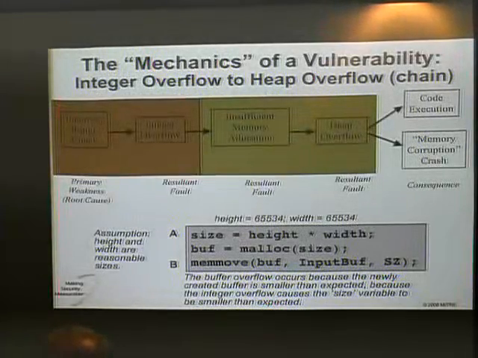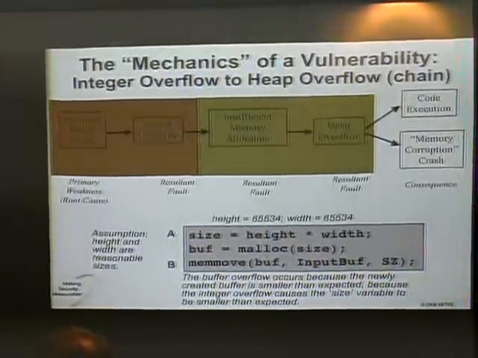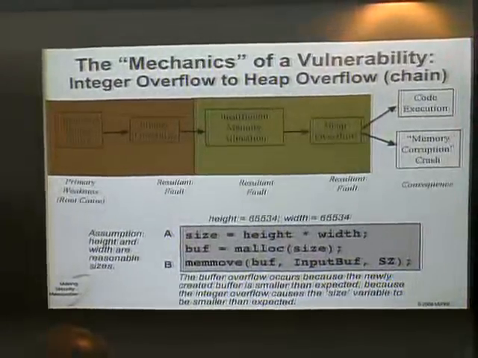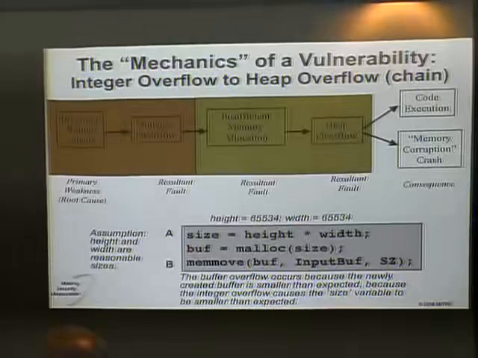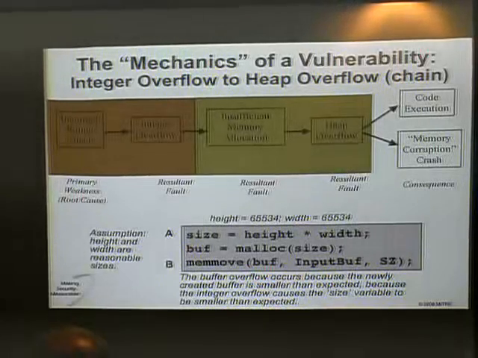Another issue that we've been working on is, basically, we're calling them chains. It's basically that several types of weaknesses seem to follow each other. That, for instance, having an integer overflow can lead to a heap overflow.